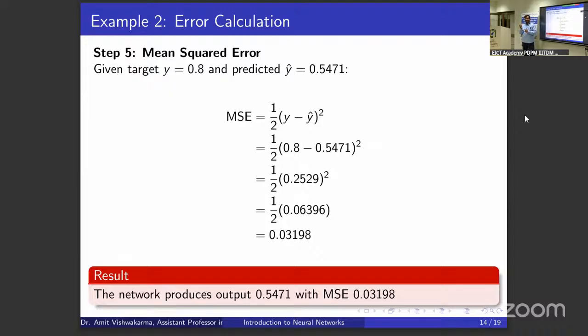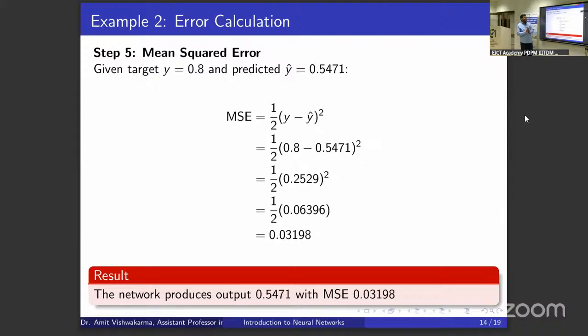Just see the notes in the first slide. We mentioned some target, that is nothing but 0.8. Correct? What is the value we are getting from the network? The value we are getting from the network is 0.547, which is actually not close to the target.